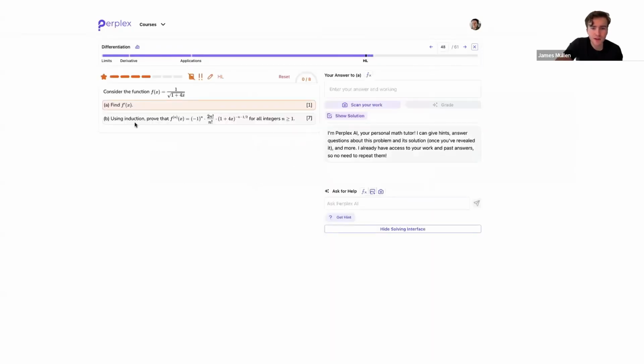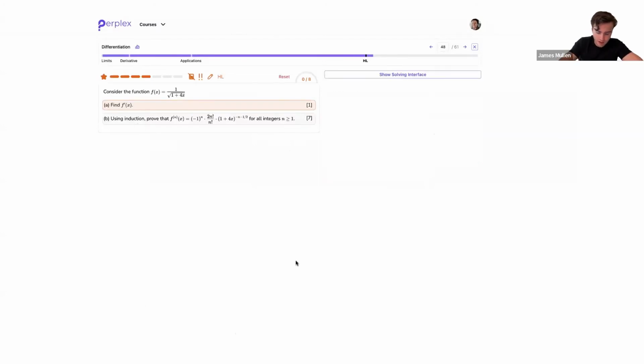So now we have an example of a proof by induction using derivatives. So I have f of x is equal to 1 plus 4x to the minus 1 over 2. Therefore, f prime of x is going to be equal to negative 1 over 2, 1 plus 4x to the minus 3 over 2 times the derivative of the inside, which is 4.